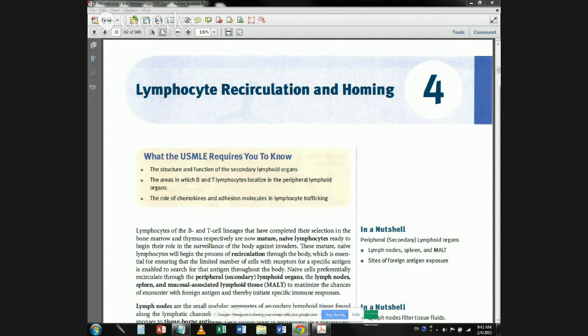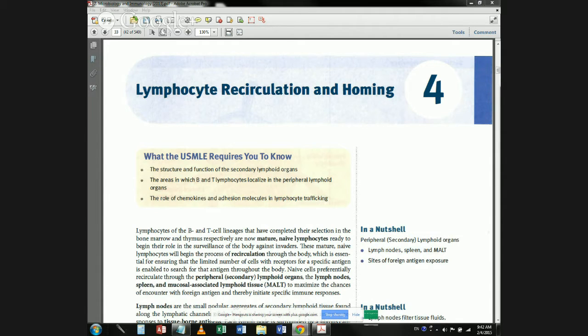Where do the T cells localize in the peripheral lymphoid organs? And what exactly do chemokines do in lymphocyte trafficking? And what do adhesion molecules do in lymphocyte trafficking? Right, so let's get to it.